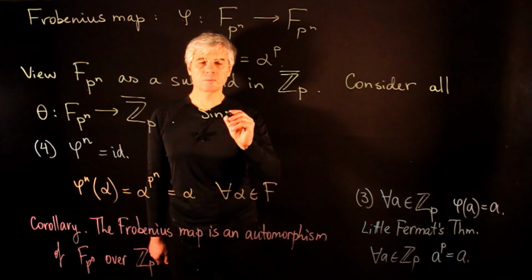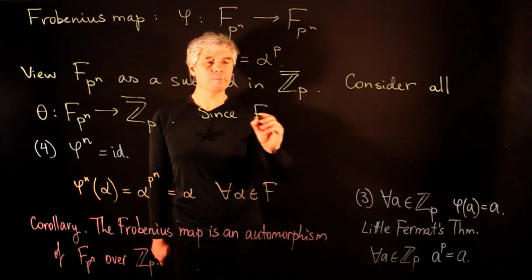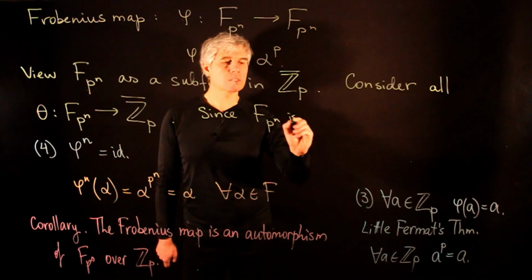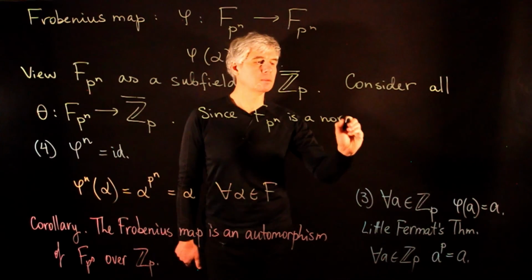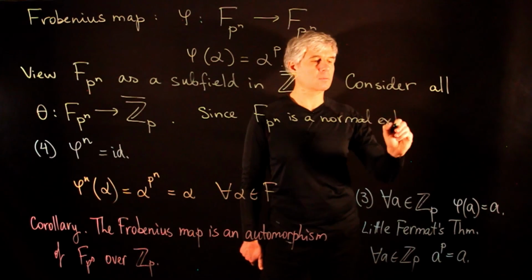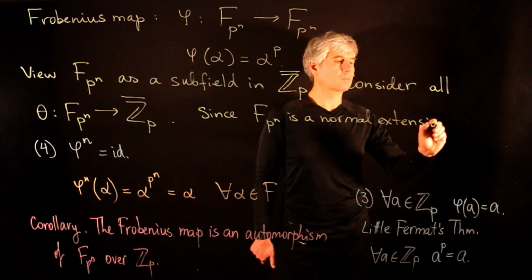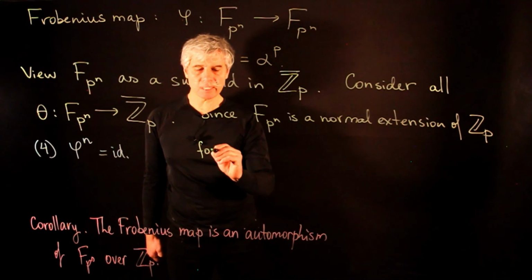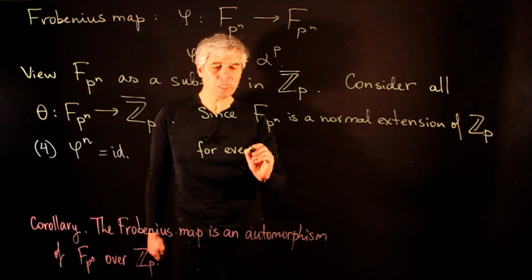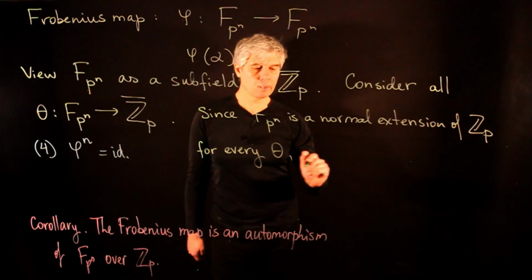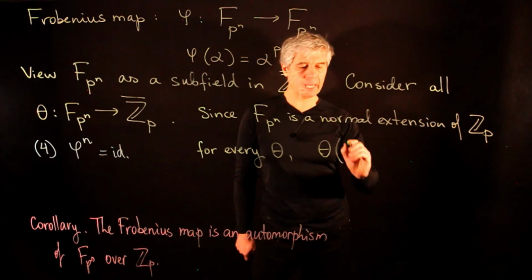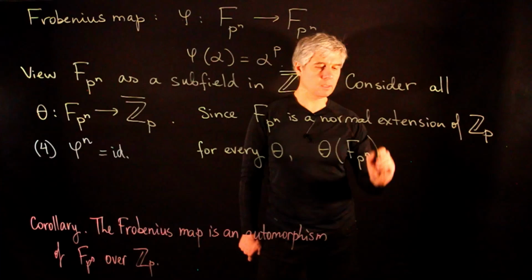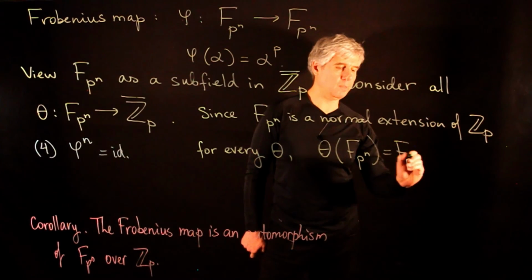Since F p to the n is a normal extension of Zp, we conclude that for every such theta, the image theta of F p to the power n is F p to the power n.